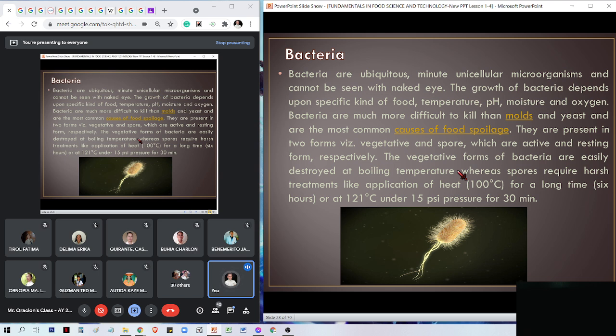Mas dali silang ma-destroy, mas dali silang patyon through boiling temperature. Even a simple sanitizing of the area or the environment can destroy vegetative bacteria, whereas spore requires harsh treatment, like the application of heat over 100 degrees Celsius for a long time, for 6 hours, or 121 degrees under 15 psi of pressure for 30 minutes.